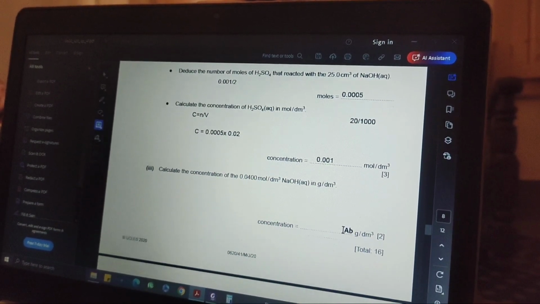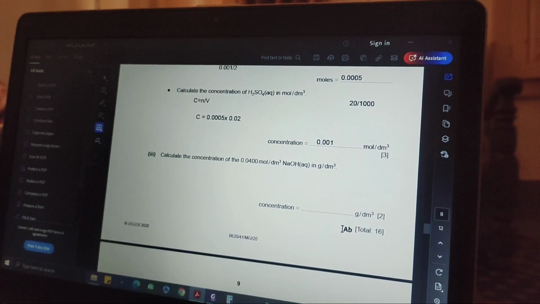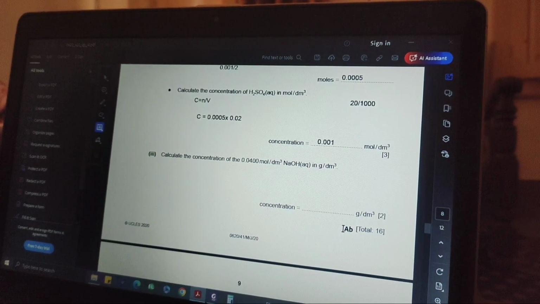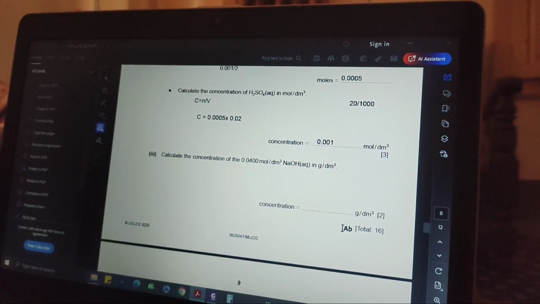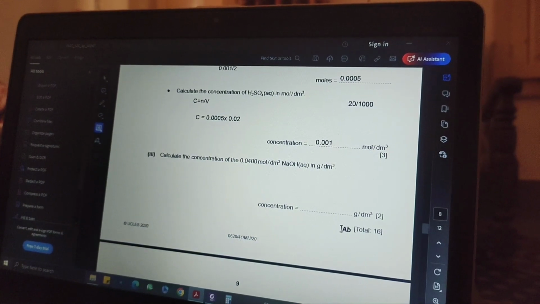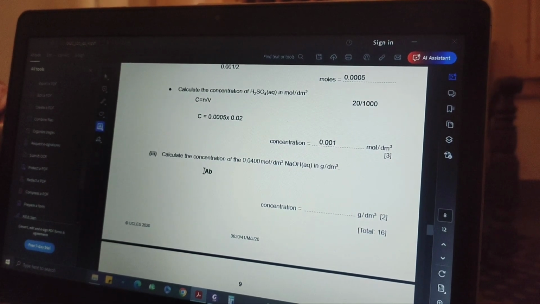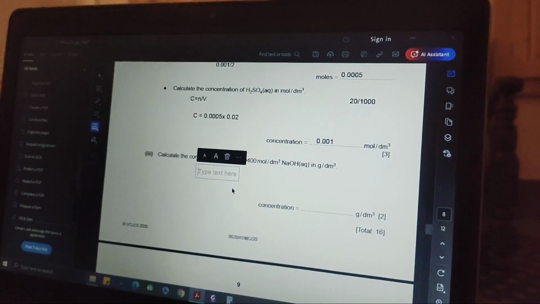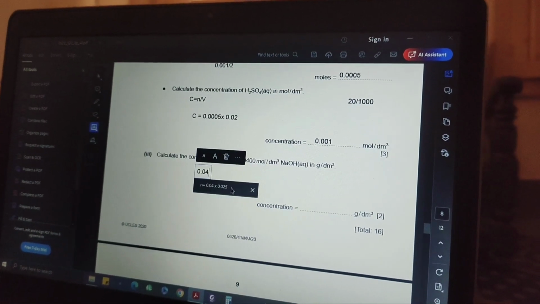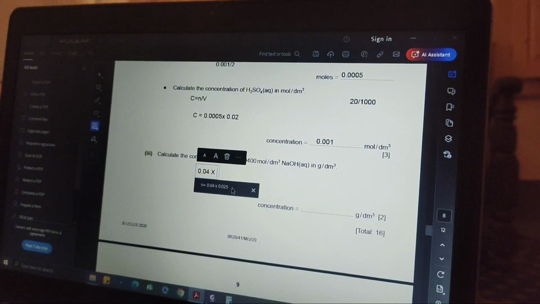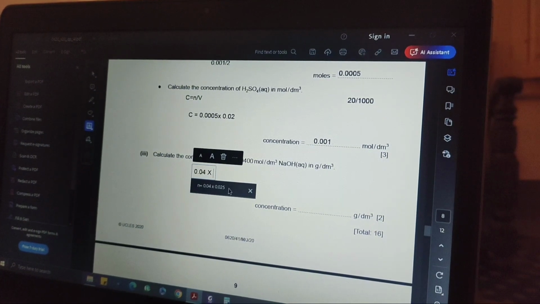So calculate the concentration of 0.0400 mole per decimeter cube of sodium hydroxide in grams per decimeter cube. So what we'll be doing is multiplying the 0.04 with the Mr of NaOH, which is 40.